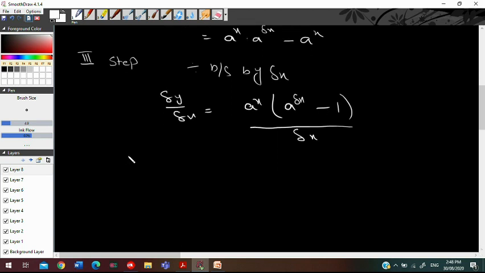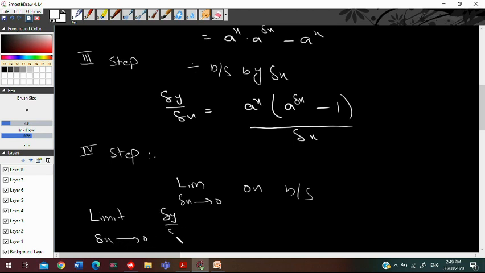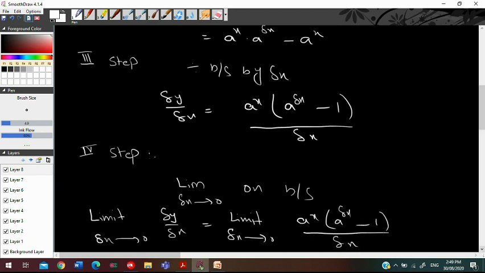Now apply the fourth step, the well-known step. You are very well familiar with all these steps. We take the limit delta x approaches 0 on both sides. So limit delta x approaches 0 of delta y by delta x is equal to limit delta x approaches 0 of a power delta x minus 1 divided by delta x.